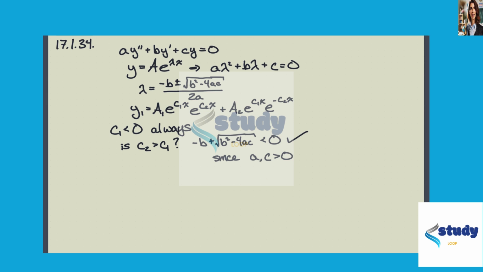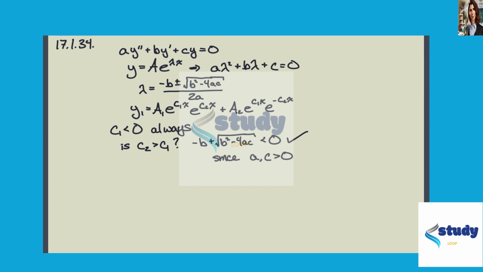And so we can see c1 is always negative. That means that this is always exponentially decaying. And c2 is either always positive, when we're taking the positive square root here, or imaginary.